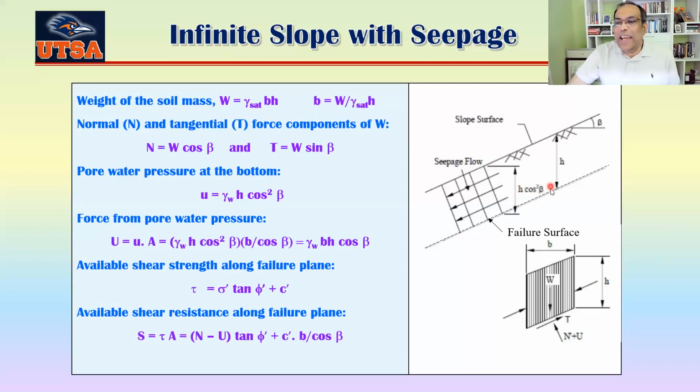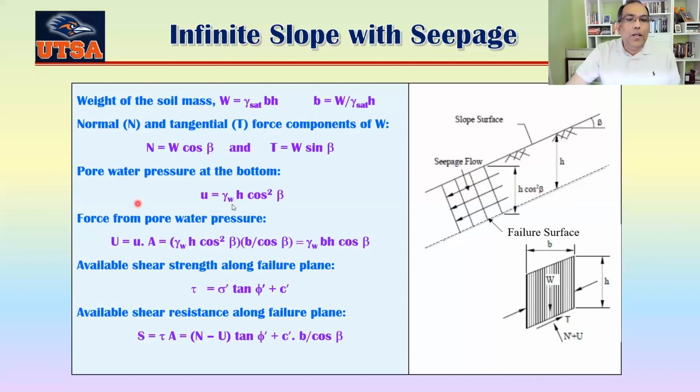Because this is your H, and the distance perpendicular to that line is H divided by cosine beta. And then this line here is H cosine beta, and this height is actually H cosine square beta, okay?